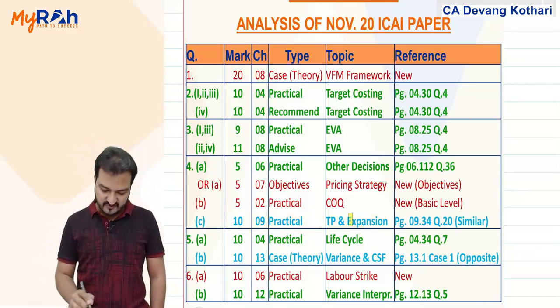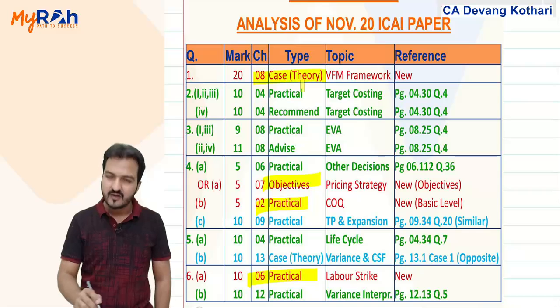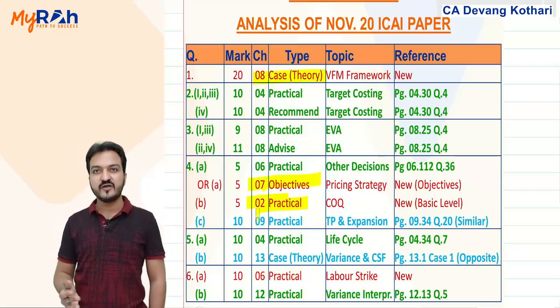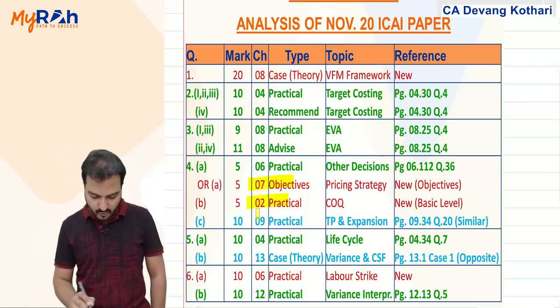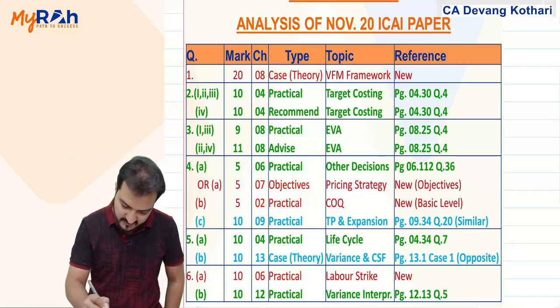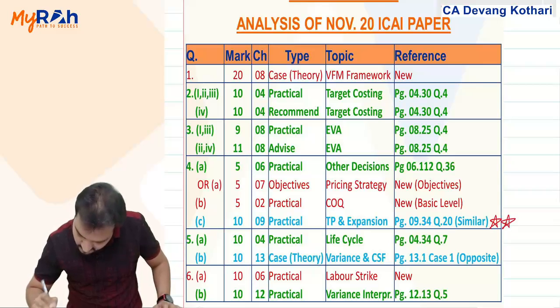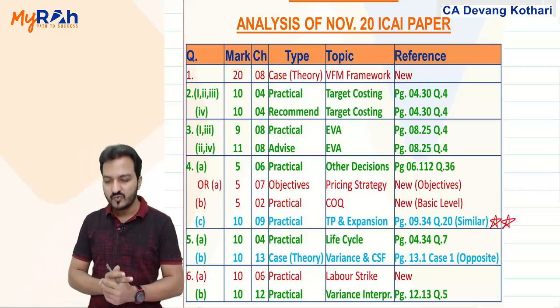Rest all the questions, even the new question that I have shown in red, are very easy questions. You saw that 4A, 4B were actually very easy questions. Only typical question is this question 4C. I'll say question 4C was a new kind of question in this paper. We'll discuss that.